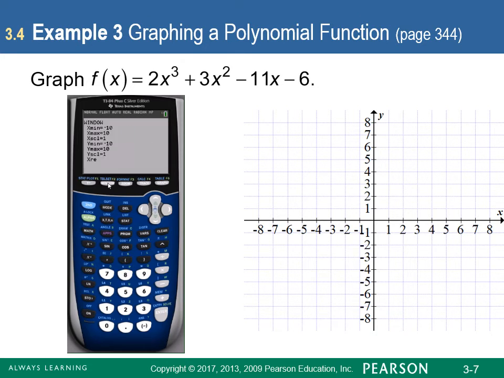And so on our window setting, we will change the y min to something lower than -10, like -15, and likewise the y max to a +15. Here is the graph, and you can see now we have the entire graph.